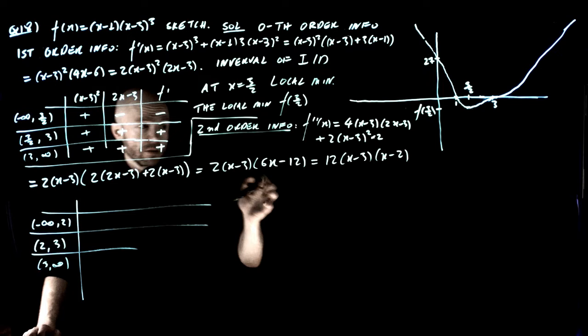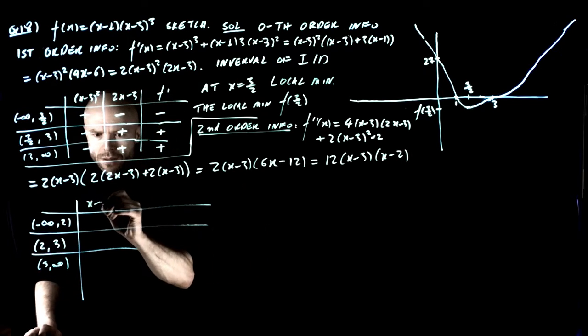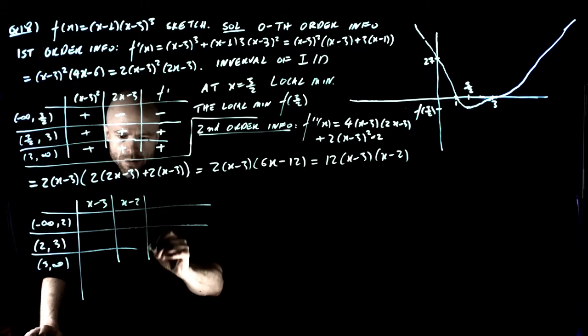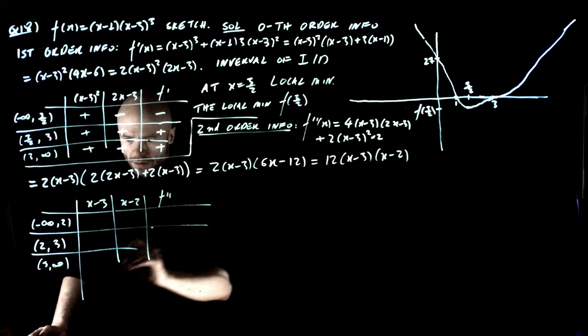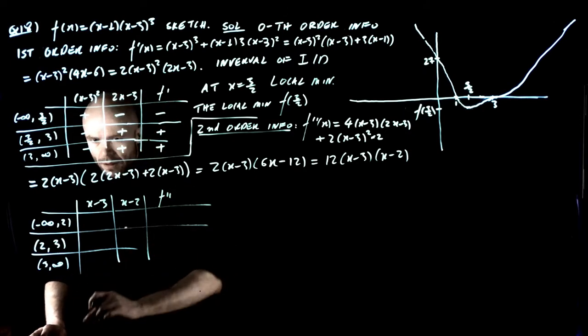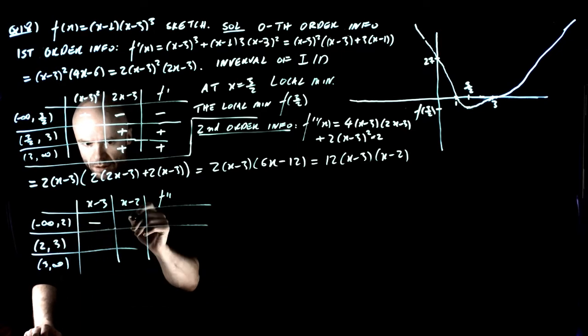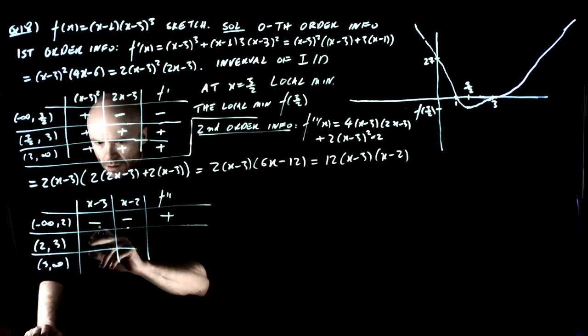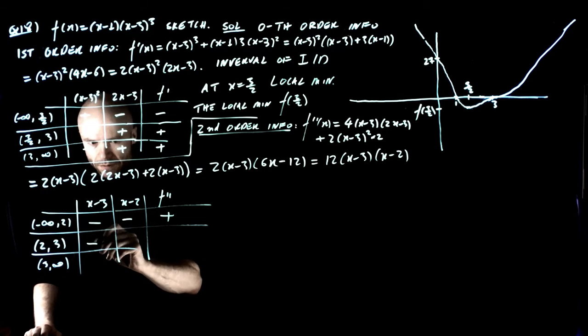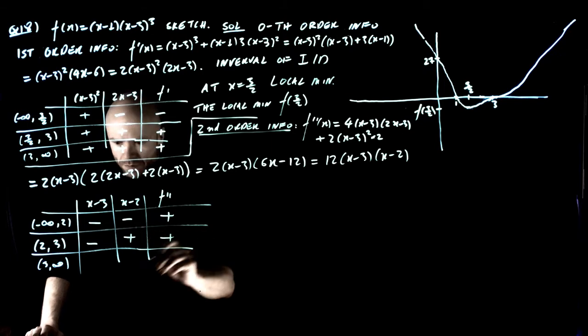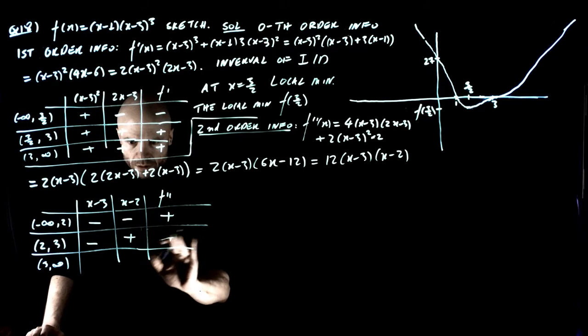And then we put in the factors. So x minus 3, x minus 2, and then the second derivative. And then put stuff in. So this shows negative, again negative, so positive. This for sure is negative, and now here it's positive, so, not positive, negative, sorry.